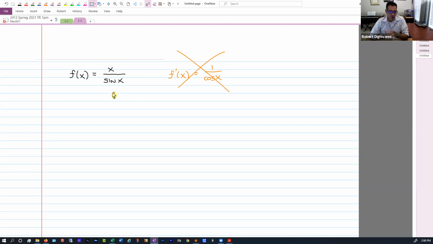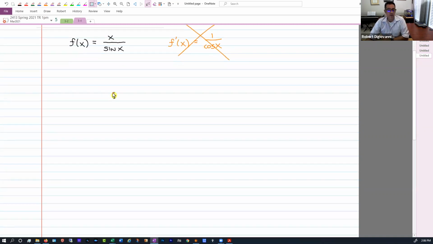Now, again, I can show you the proof, but I'm not going to. So let me give you the new rule. Instead of a product here, we actually have a fraction, which is called a quotient. So we have this thing called the quotient rule. Here's what the quotient rule says.